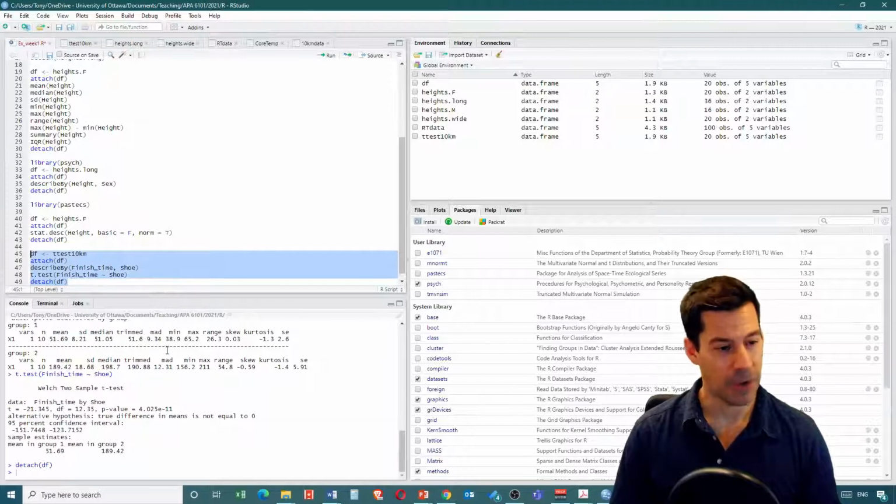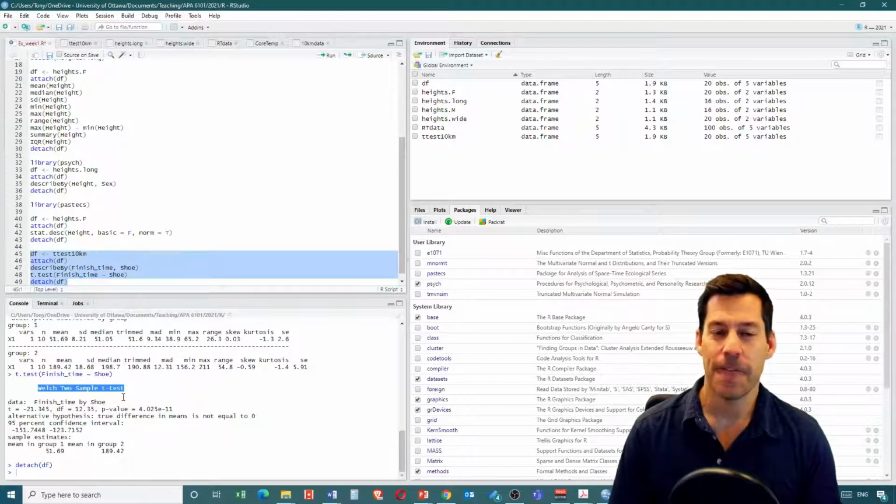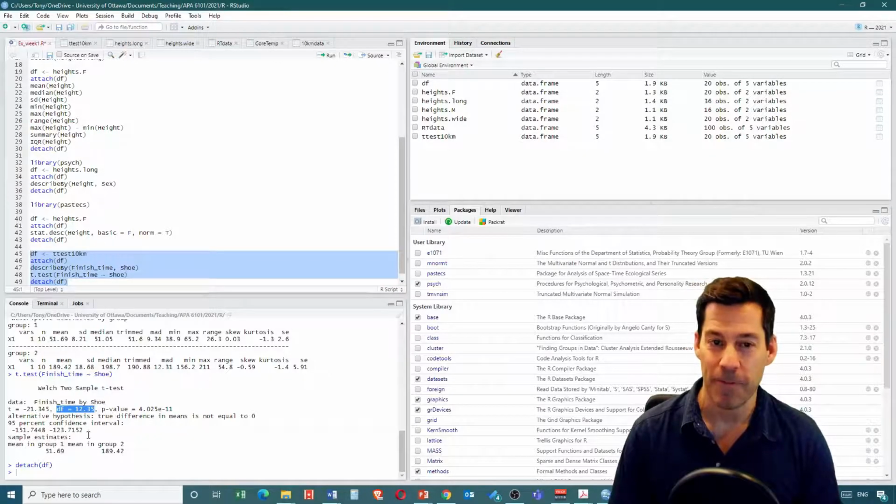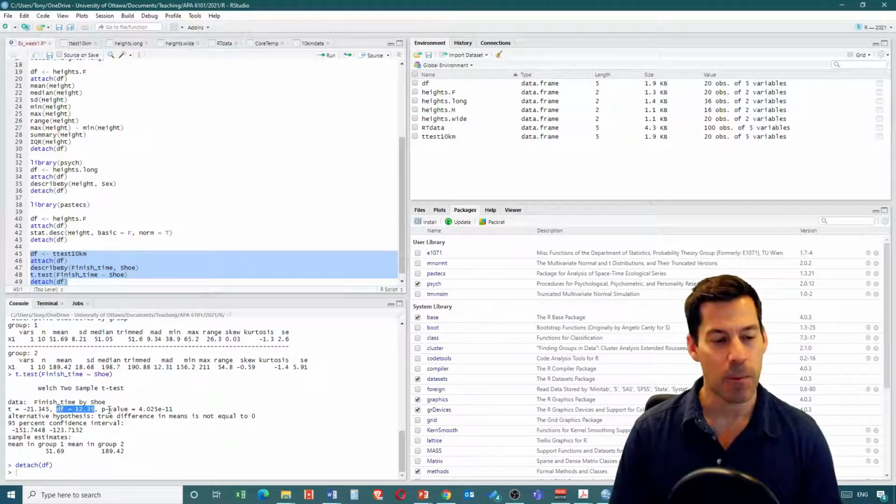Okay, so what we see is we get our descriptive data, and then we see that it's performed a Welch's two-sample t-test. And it's done that because the variances can't be assumed to be equal. And we see our t ratio is 21.345. And again, our degrees of freedom are 12.35. They've been corrected. And then we've got a p-value of 4.02 times 10 to the negative 11.